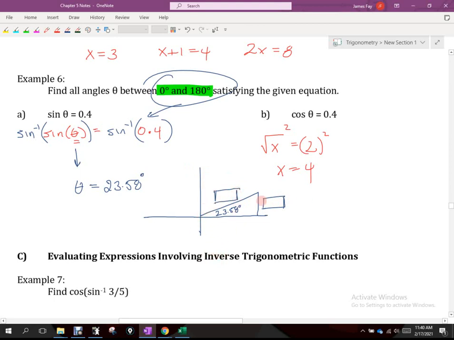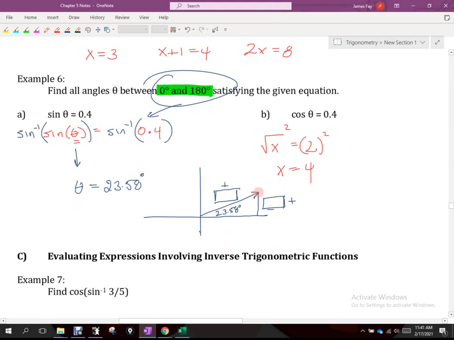Whatever that is, it yields 0.4. Does that make sense, everybody? Okay. What kind of number was this opposite side? Is it positive? Is my hypotenuse always positive?